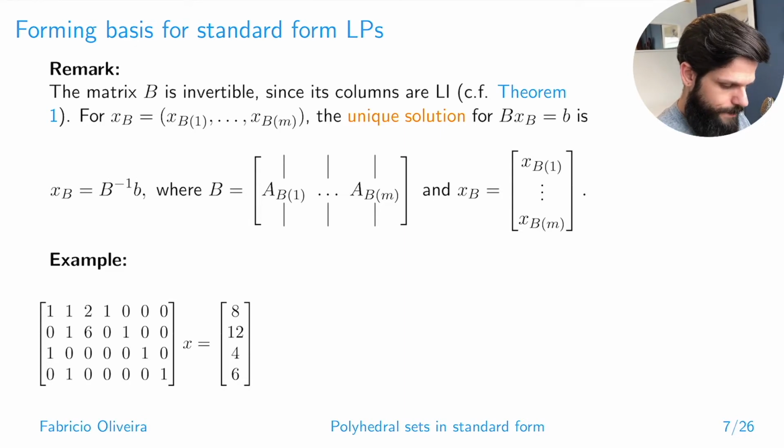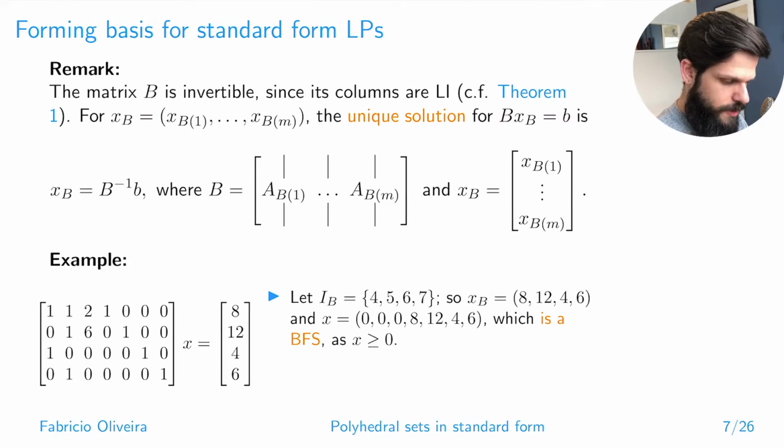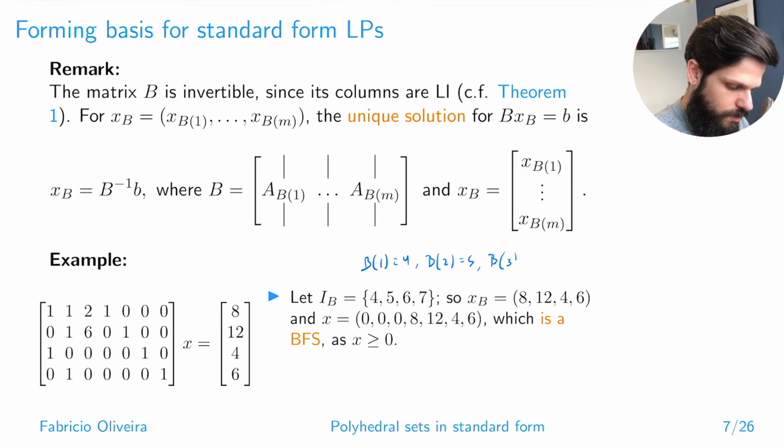So let's have a look. I have one example here where I made a selection of variables 4, 5, 6, and 7. Just to clarify the notation from before, B1 equals 4, B2 equals 5, B3 equals 6, and B4 equals 7, and n is 7, m is 4.